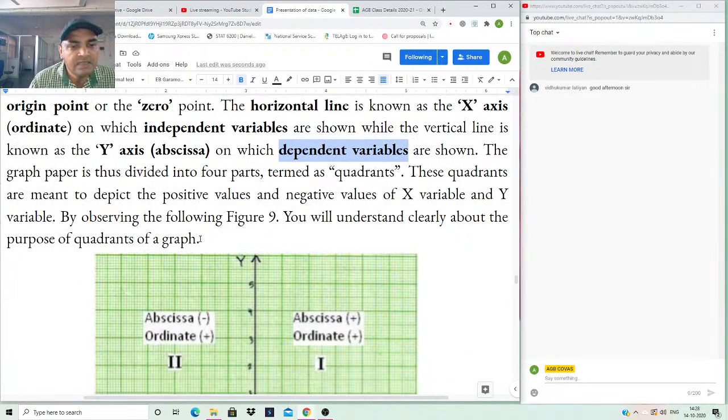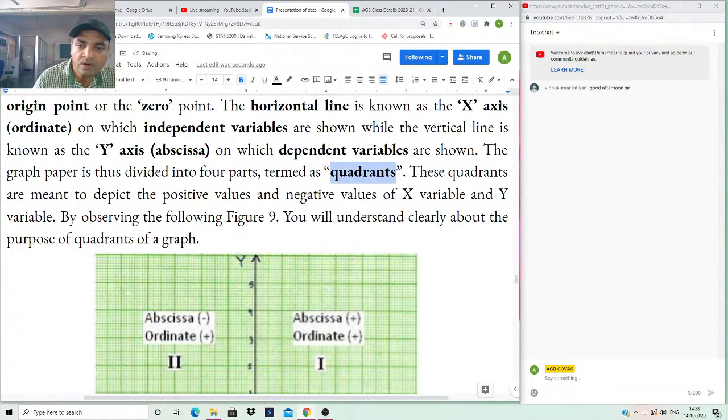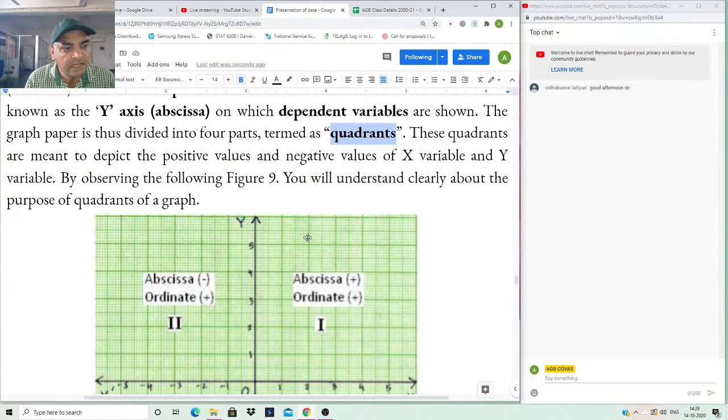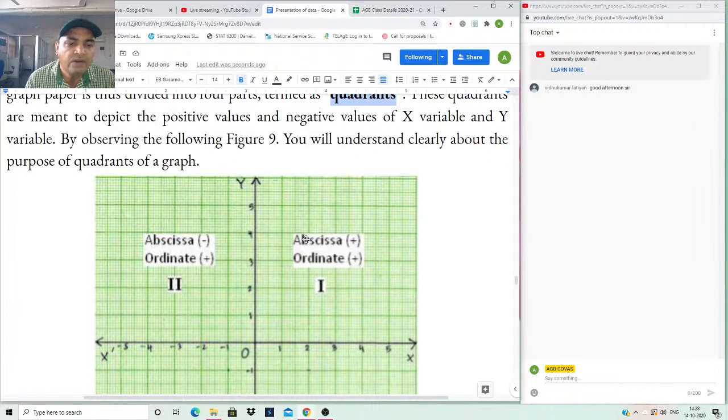The graph paper is thus divided into four parts termed quadrants. These quadrants are meant to depict the positive and negative values of the x and y variables. By observing the following figure 9, you can understand clearly the purpose of a quadrant of a graph.